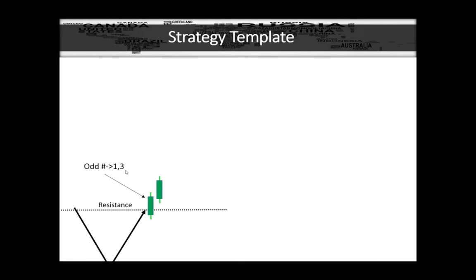If you're a conservative trader where you want to wait for it to go up and the moment a pivot's formed, and then at that point you want to look at a trading opportunity where it would be a pullback here to this old resistance that's now a support, or a breakout trade above that pivot high, you're a conservative trader, and at that point the numbering system is now either a 2 or 4, which is even. Is everyone okay with that? So if you're conservative, you're going to wait for a 2 or 4. If you're aggressive, you're going to wait for a 1 and 3. Is everyone okay with that?